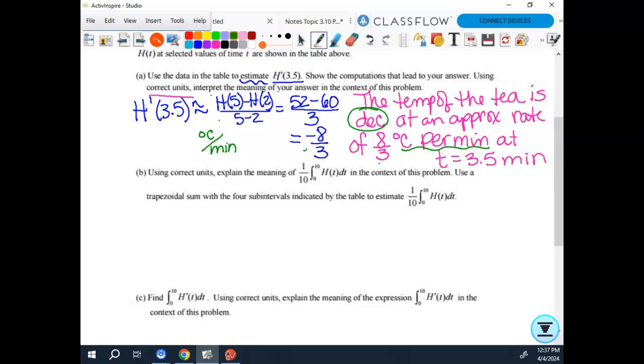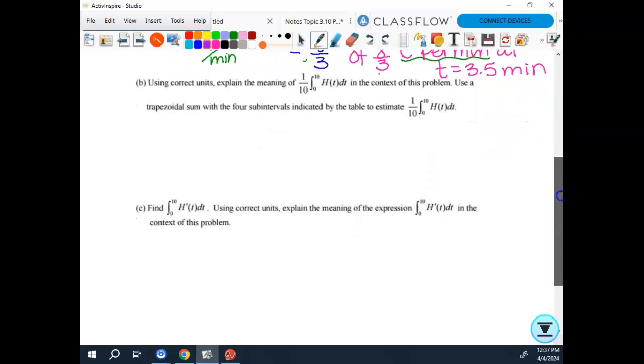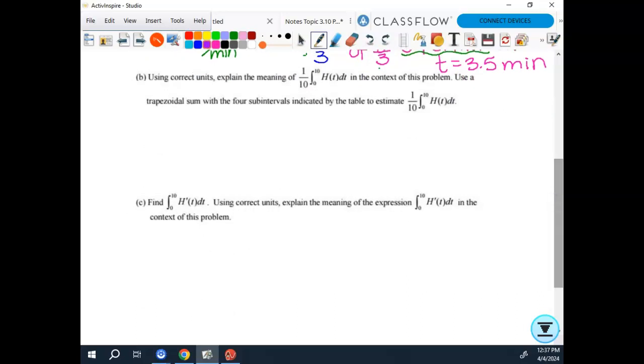All right, good deal. So then, using the correct units, we're going to explain this meaning in the context of this problem. Use the trapezoidal sum with 4 subintervals. Just for the interest of time, we are just going to explain it and not do the actual trapezoids because those take a minute, and I want to get to some other ones here. Because I want to make sure you understand what these mean. Okay?